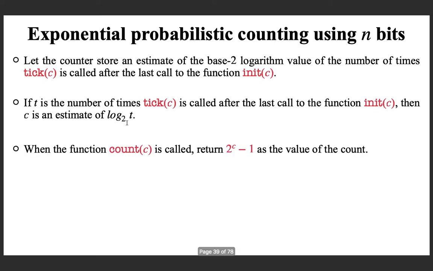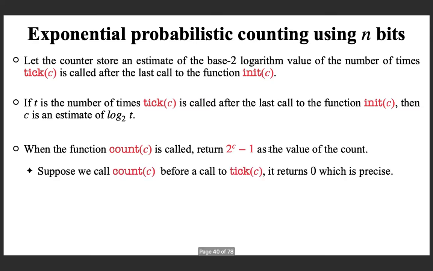Okay. Now what do you return? In the previous approach, when you stored t by 2, you return 2 into t. Now you are asked to return 2 to the power c minus 1. You return that. We can prove that probabilistically it is correct, because the expected value can be correct.